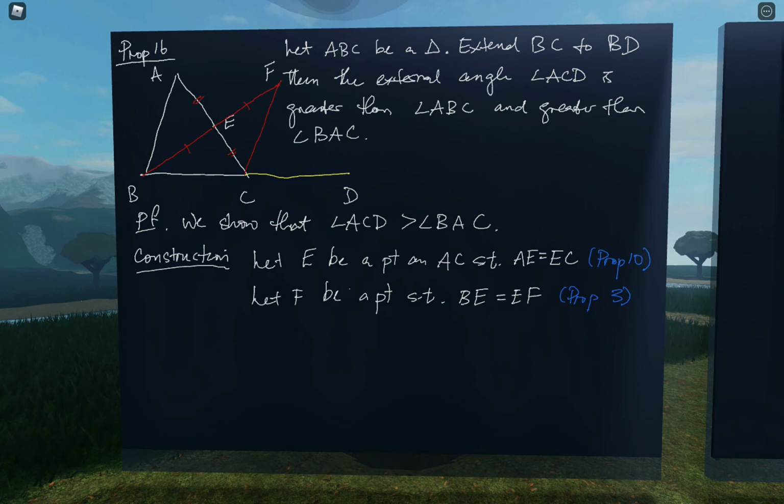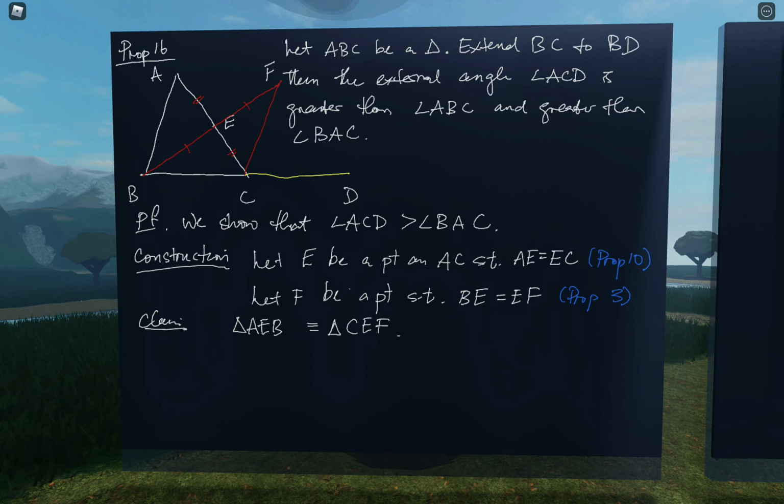And so you can probably already see where we're going with this. We've got two triangles there that look like they should be congruent. And so that's what we're going to show. So the claim is that the triangle AEB is the same as the triangle CEF.